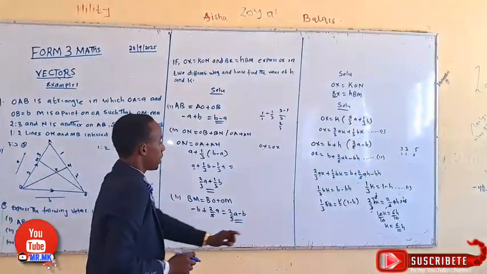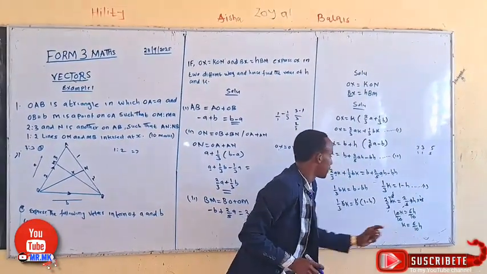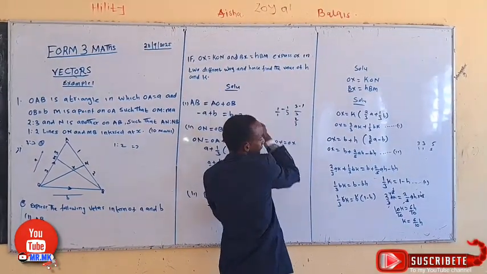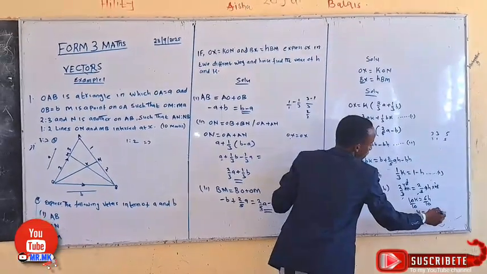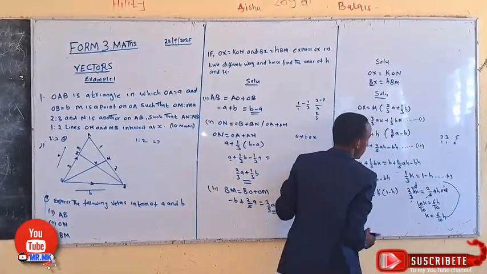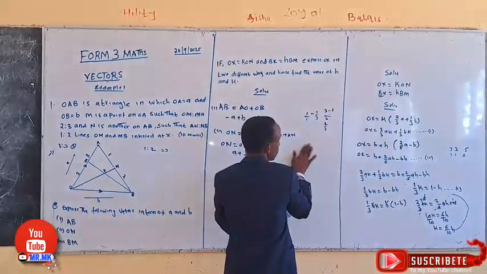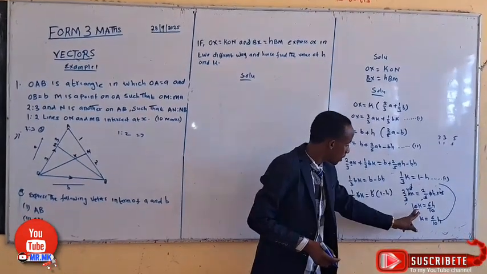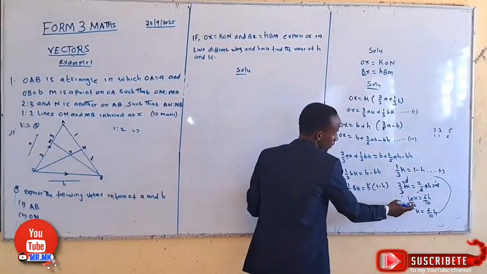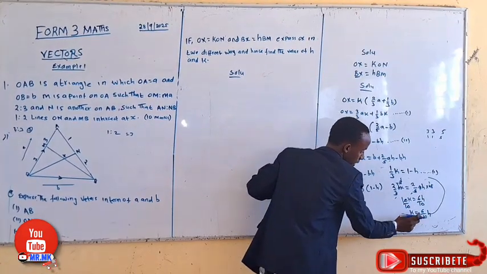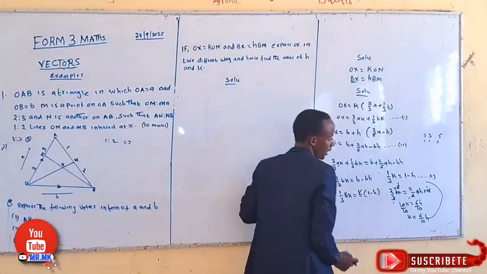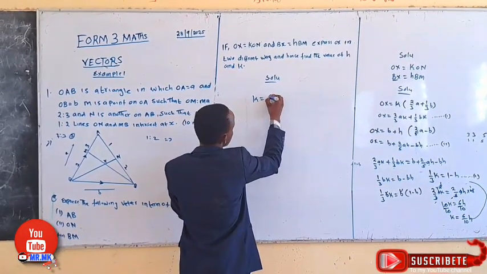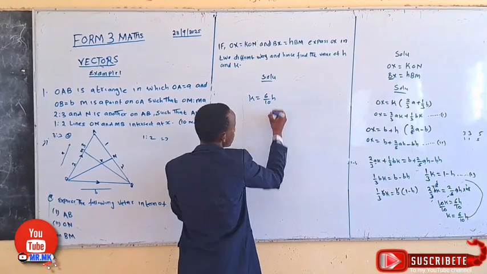Now I go and substitute. But the question says they need us to find the value for h and k alone. You just go and substitute it here to get the value for h and k. The value for k is 6 over 10 h.